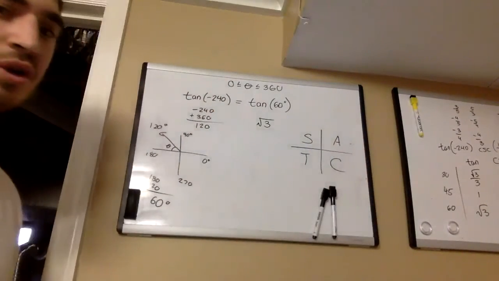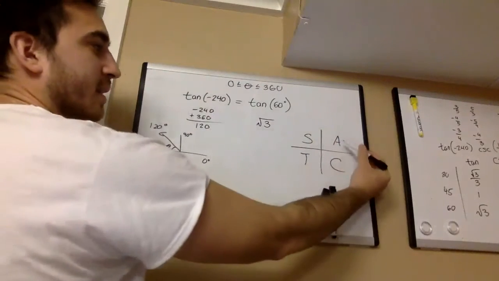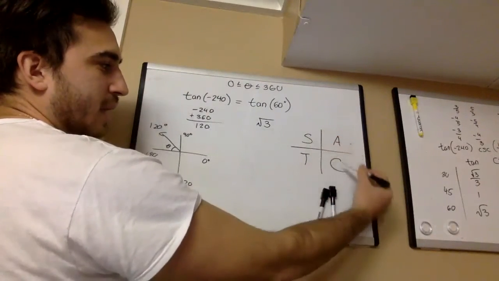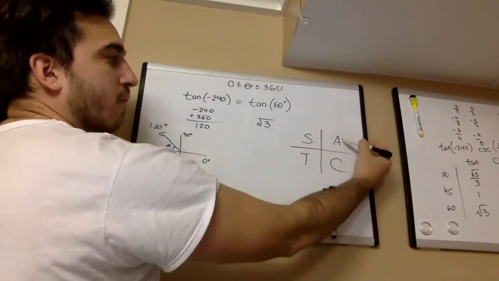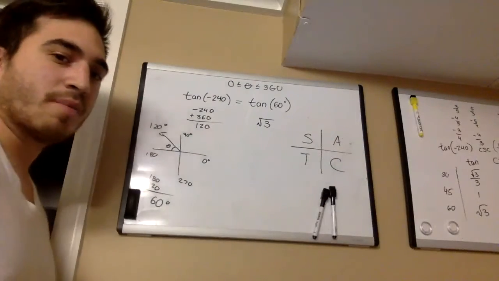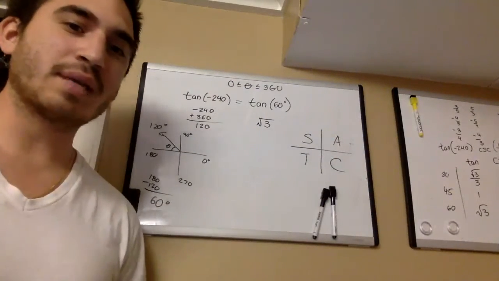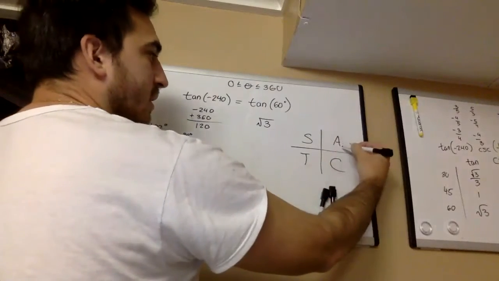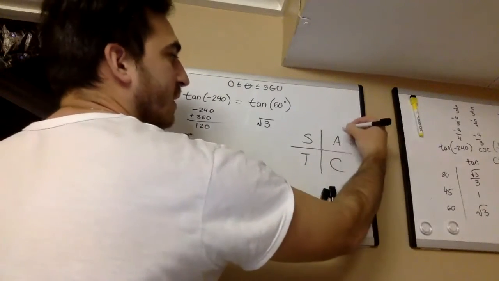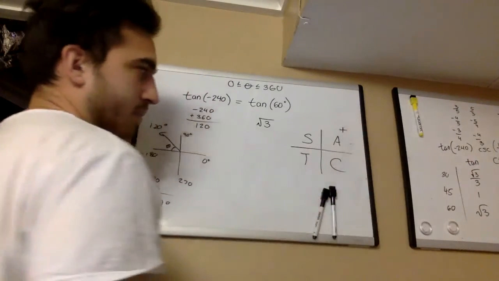So pretty much what this chart means is that it stands for All Students Take Calculus. For All, no matter if it's tan, sine, cosine, secant, cosecant, cotangent, if it falls in this quadrant, everything is going to be positive.